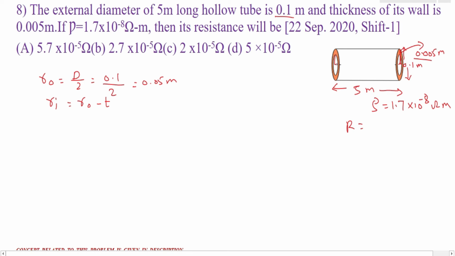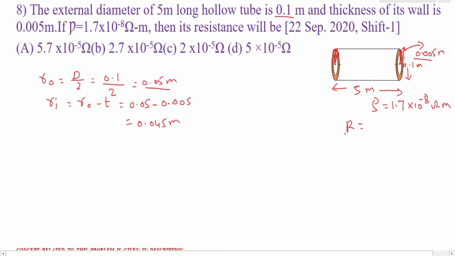That is 0.05 minus 0.005, that is 0.045 meters. So the radius of the outer ring is 0.05 meter and the radius of the inner ring is 0.045 meter.